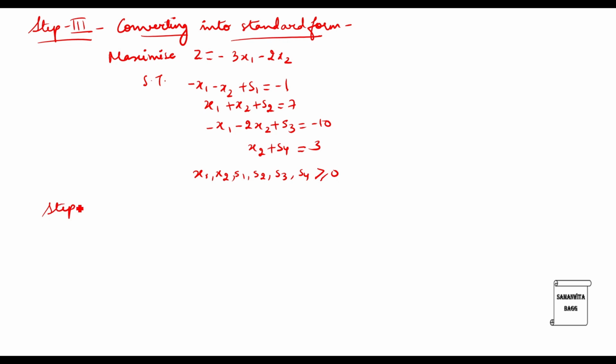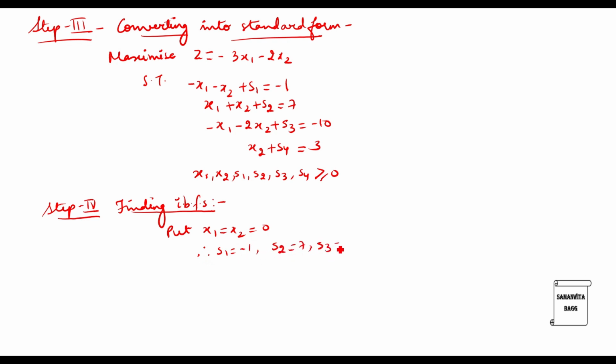Then I'll go for step 4, where I'm going to find the initial basic feasible solution. For that I'll put x1 and x2 as 0. So therefore s1 becomes minus 1, s2 is 7, s3 is minus 10 and s4 is 3.